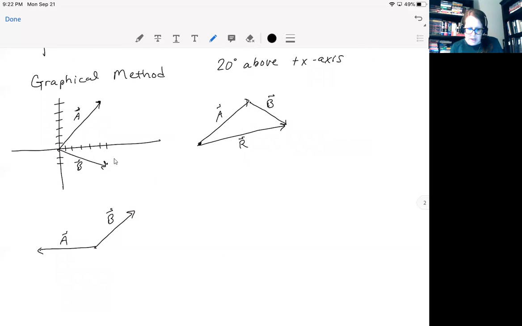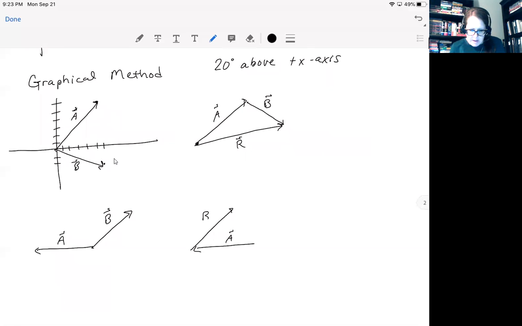So now if you say that A is your first vector and you're going to add B to it, you're going to shift your B over so that the tail of B is at the tip of A. And so you'd still have your A vector, but now you're going to put B at the tip over here. And your resultant would actually go from here, where A started, back up to here.